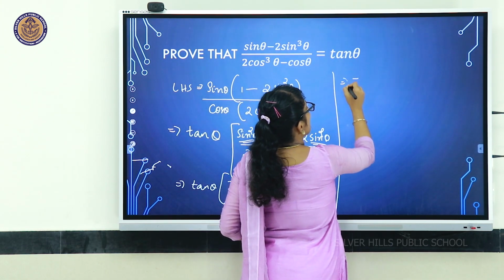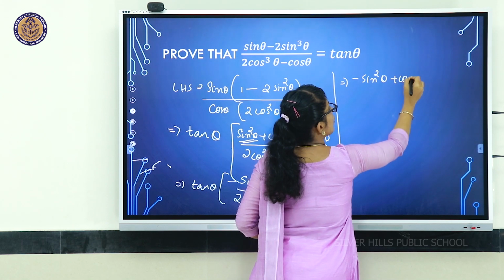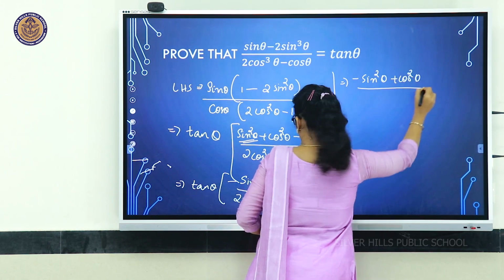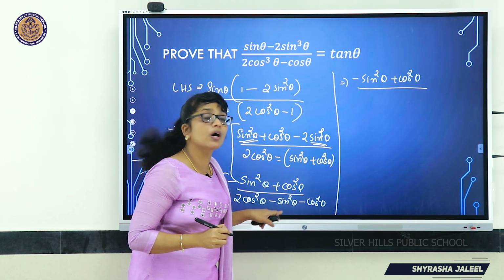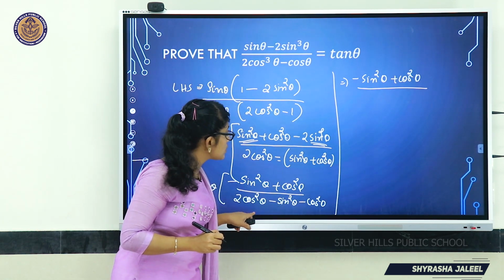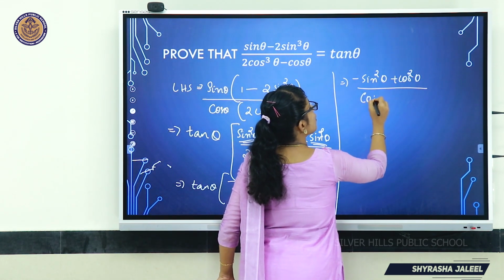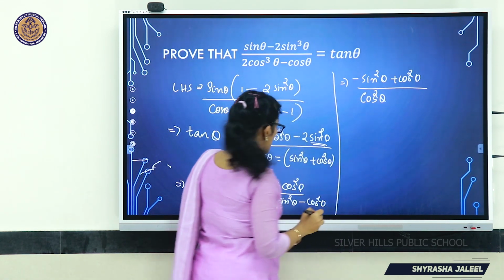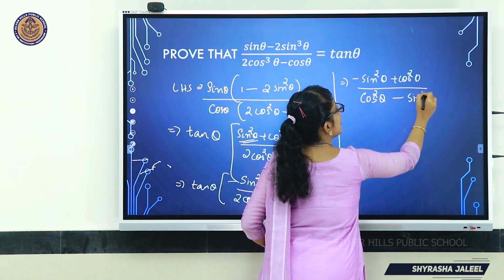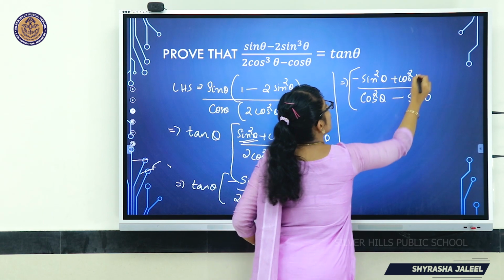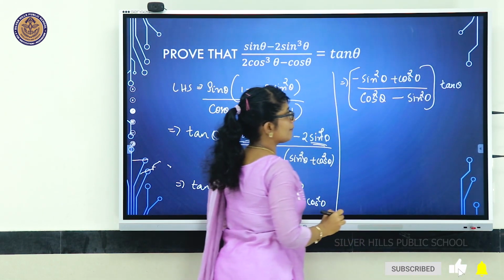Then minus sin square theta plus cos square theta by 2 cos square theta. Here in the denominator also there is a like term, 2 cos square theta minus cos square theta is cos square theta, minus sin square theta, into tan theta.